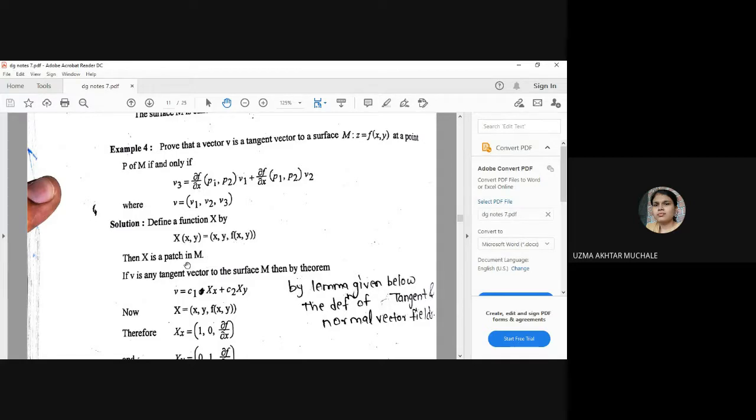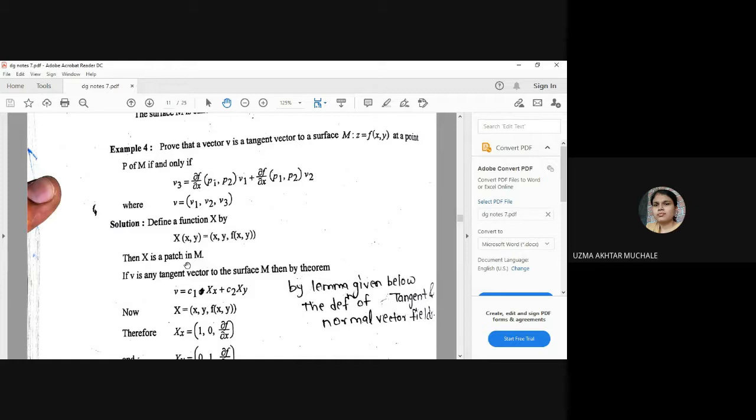So obviously it will be a patch because we have already proved that if the third variable is a function of the first two, then obviously it will be a Monge patch, and as it is a Monge patch, it should be a coordinate patch. So no need to prove whether x of x, y is a patch or not. By definition of a Monge patch, we can say that it is a coordinate patch.